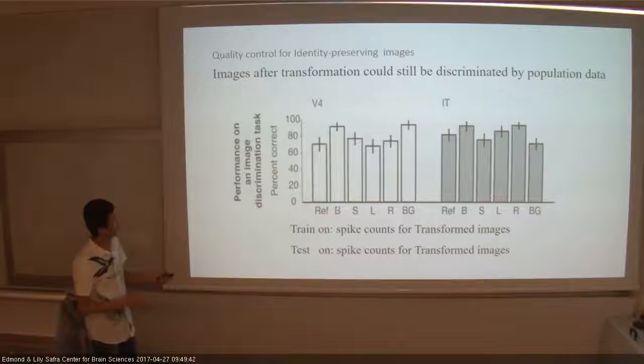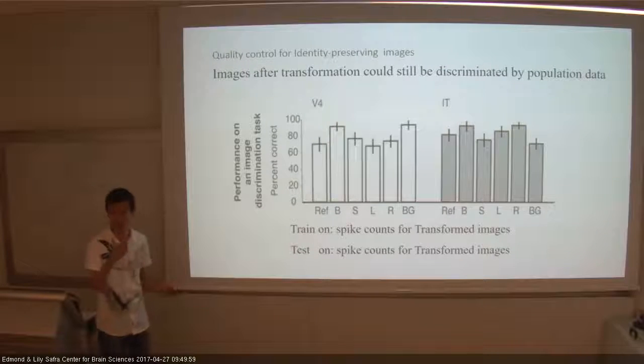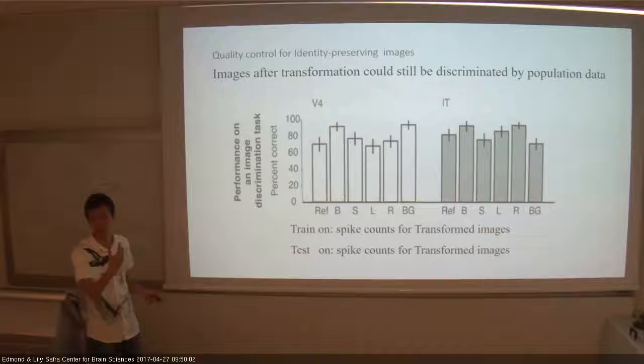For example, they train on the big image and test on the big image, and they found that the performance is still very good, and so for other groups. So they conclude that images after this kind of transformation could still be differentiated by the neurons.